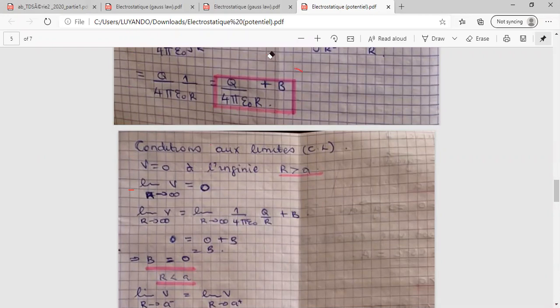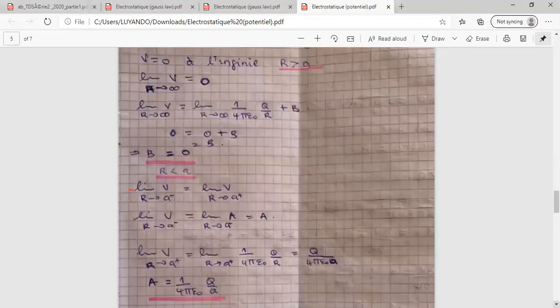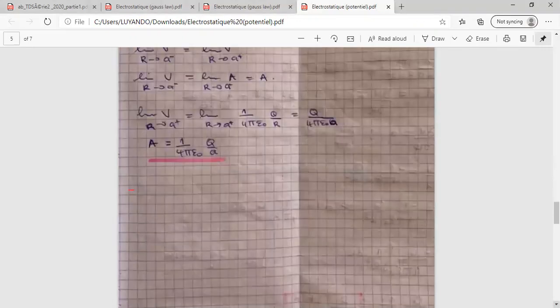We have the conditional limits, so we're not done because we have to find our B. We have to find what B is as a constant and what A is. That's why we have to use the limits. But let's try to find the V for question 3, and then we'll come back to the limits.